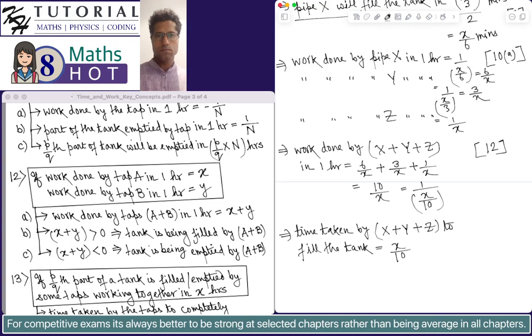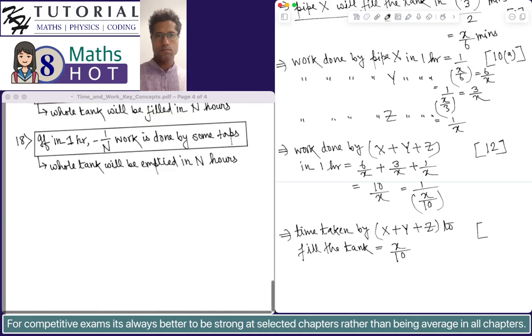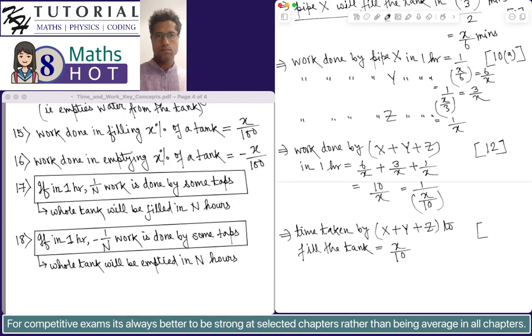Since we know that the work done by X plus Y plus Z is equal to 1 by x by 10, we can say that the time taken by X plus Y plus Z to fill the tank will be x by 10. This is based on the concept of 17.